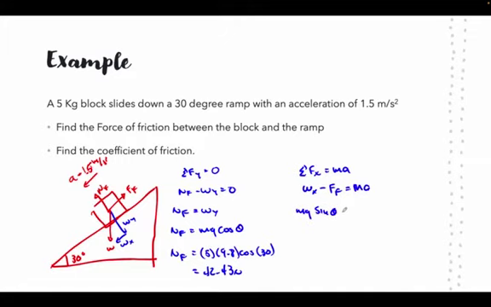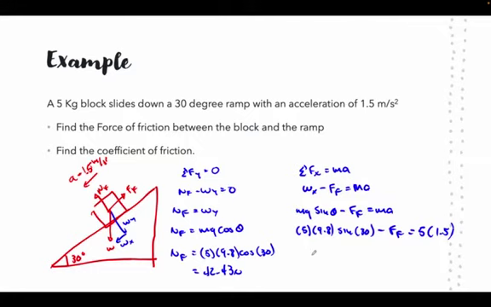Mg sine theta minus friction force equals mass times acceleration: 5 times 9.8 times sine 30 minus friction force equals 5 times 1.5.